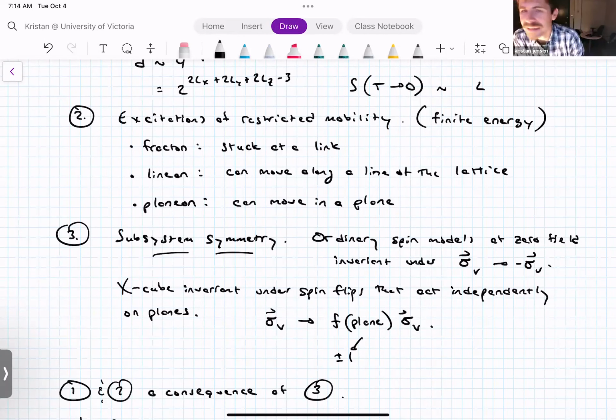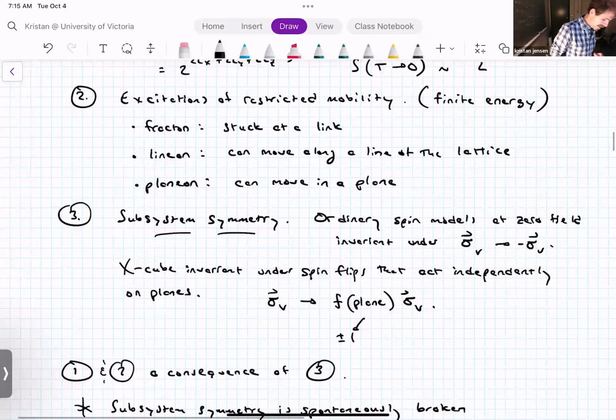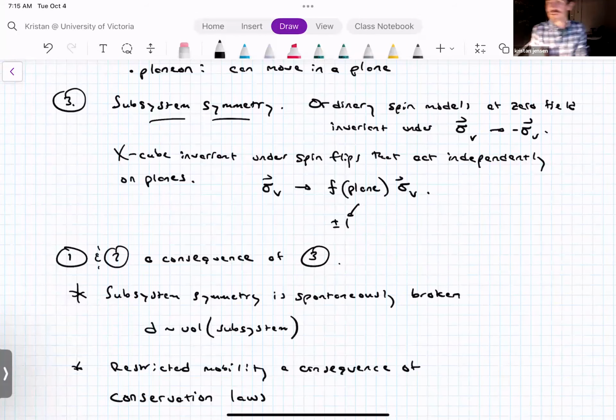And in fact, these other pieces of exotic physics, the ground state degeneracy and the restricted mobility excitations, are both really traced back to this third funny thing, the subsystem symmetry. So for instance, in this model, the subsystem symmetry is spontaneously broken. If you pick a ground state, it transforms non-trivially under subsystem symmetry.